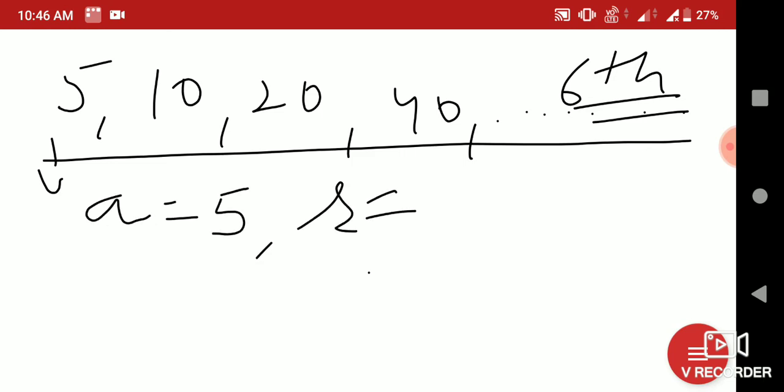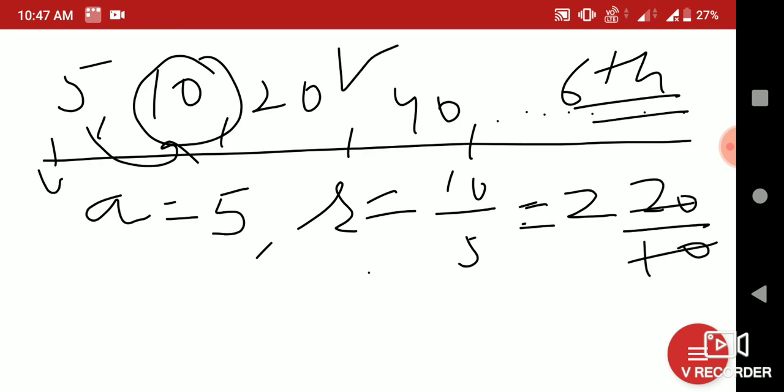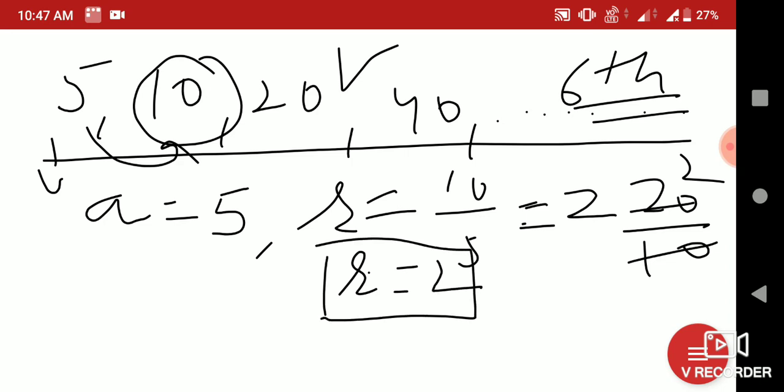How can you find r? Second term divided by first term. 10 divided by 5 is equal to 2. You can check 20 divided by 10, it is also 2. The third term you can check, it will also be 2. So it is the same common ratio, that means this is in GP. So r is equal to 2.